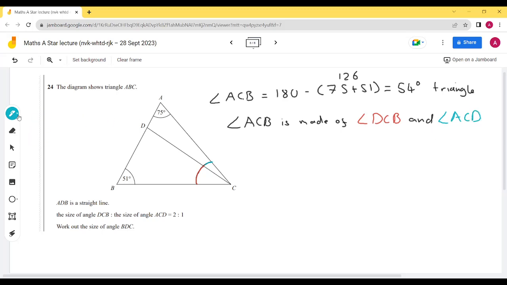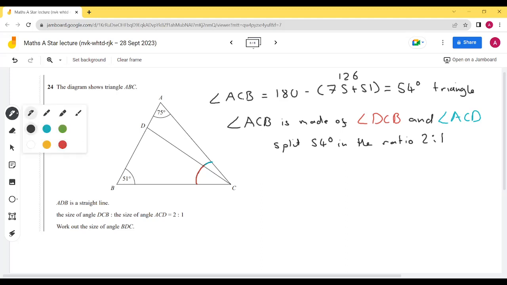And so therefore we need to split 54 degrees in the ratio 2 to 1.